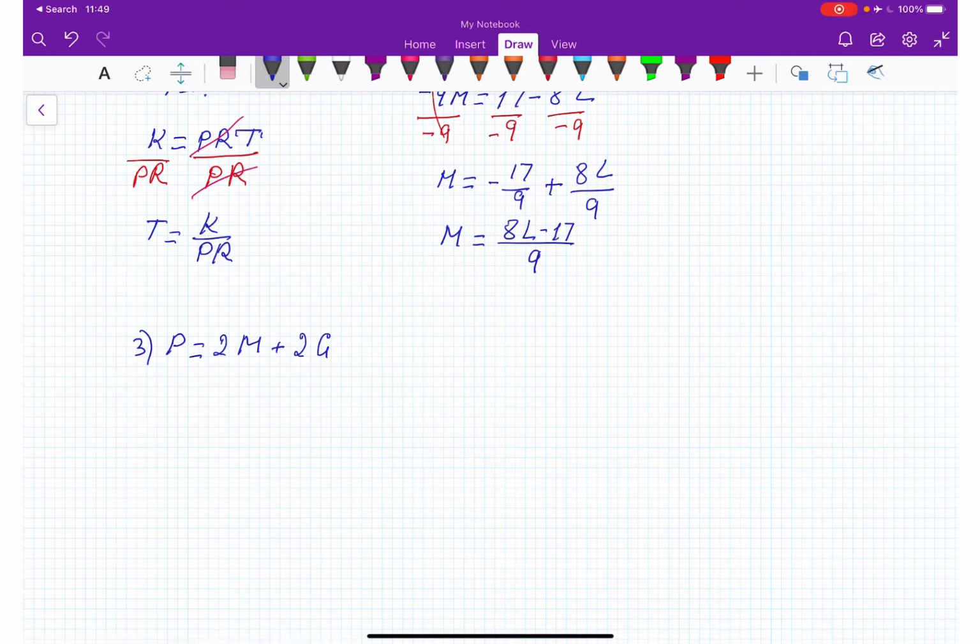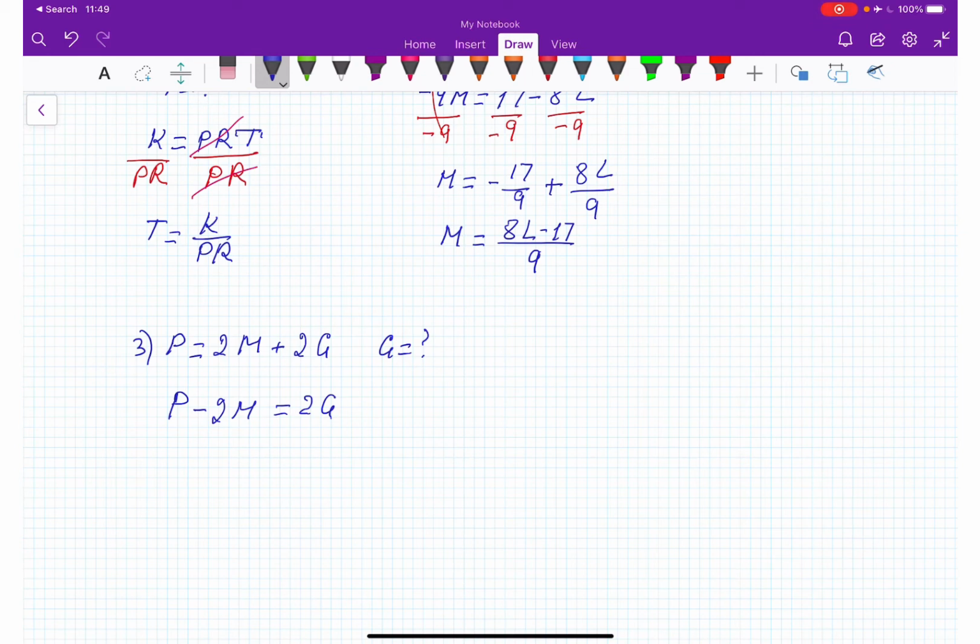We need to solve for G. To solve for G, what am I going to do? I'm moving 2m to the left side, and flipping the sign, obviously. P minus 2m. Remember, every time you move over the equal sign, from left to right or right to left, you flip the sign. So P minus 2m is equal to G.